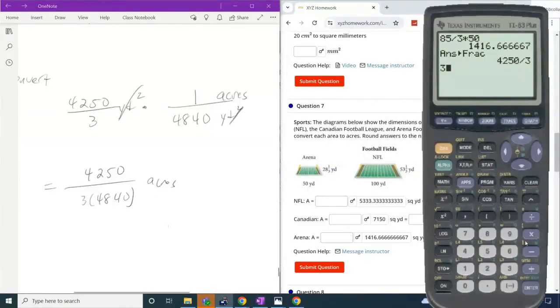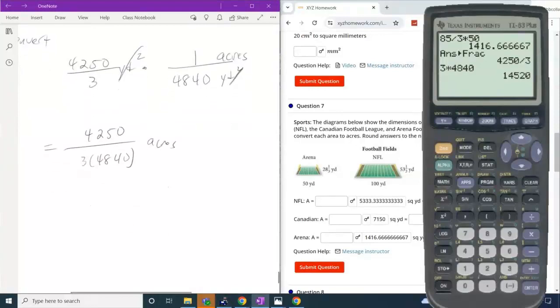Next I'm going to simplify the denominator. 3 times 4,840 is 14,520.